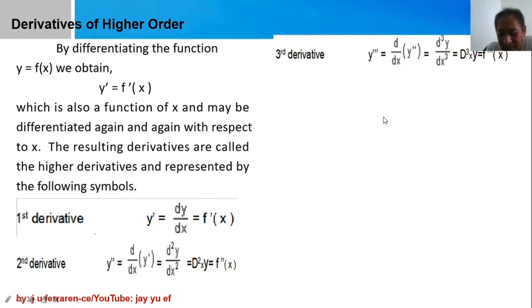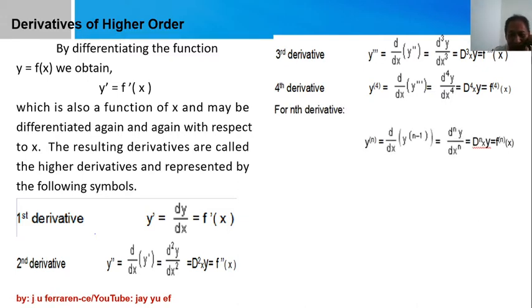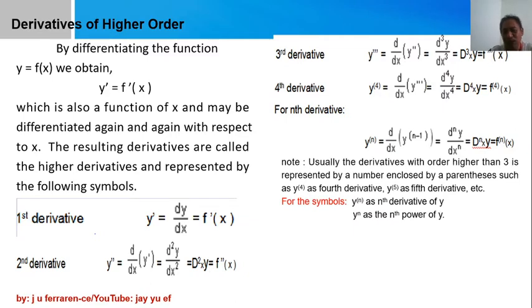Fourth derivative. Have you noticed any difference in the notation used? For any order derivative of functions, or the nth derivative of the function, you have these different symbols. Usually, derivatives with order higher than 3 are represented by a number enclosed in parentheses, just like this.